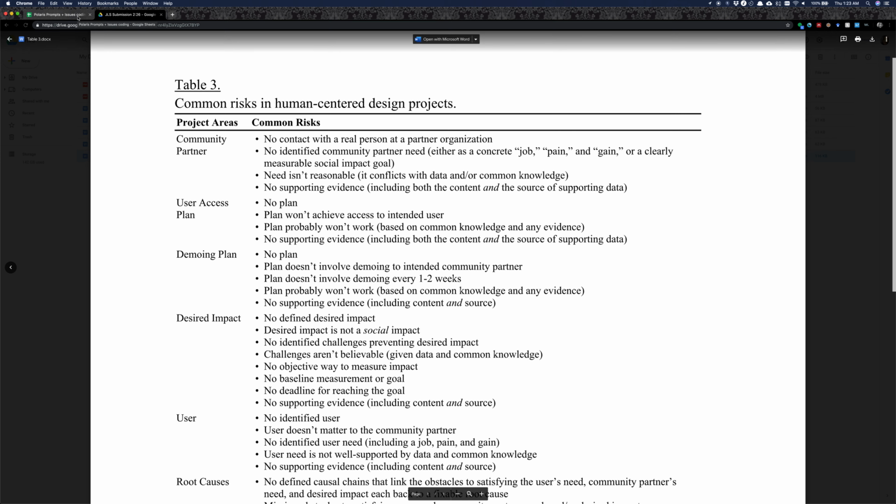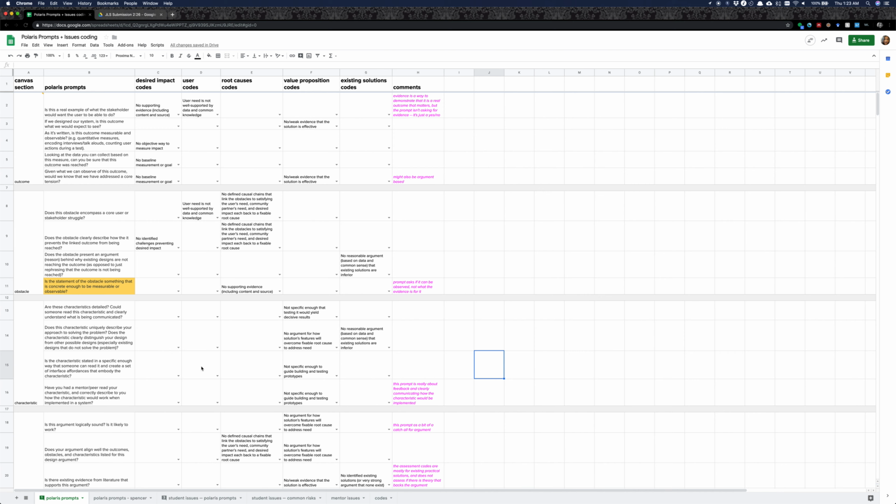So one of the first tests that I did was going through the Polaris prompts and coding them based on the relevant sections from these common risks, using those as codes from prior work.